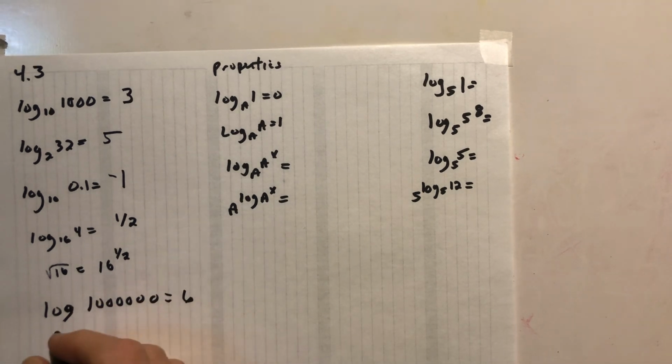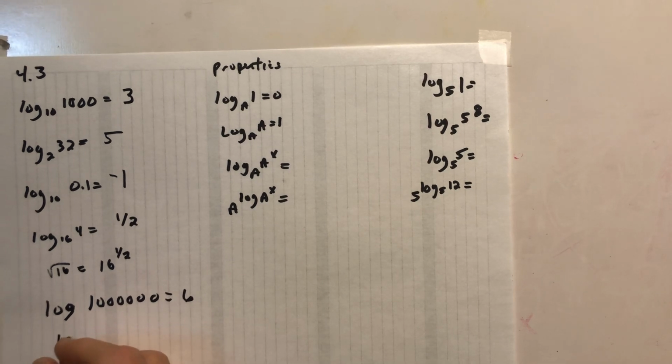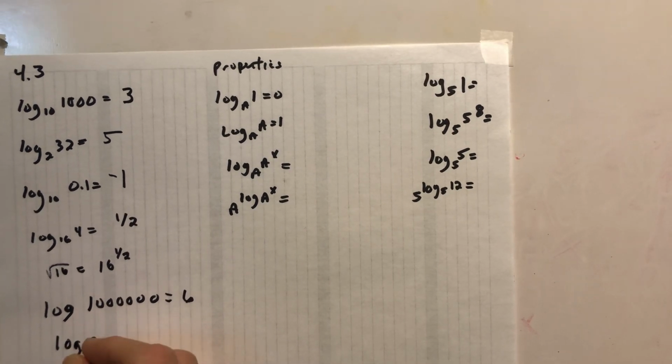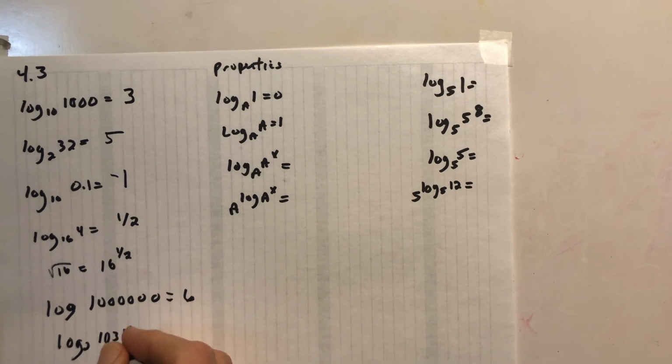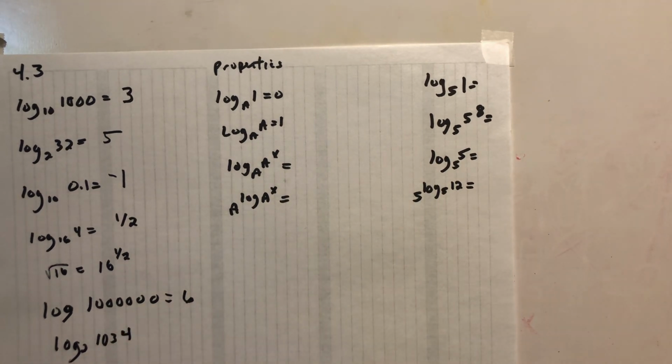How many 2s does it take to get 1,030? Is it 1,034? 2, 4, 8, 16, 32, 64, 128.